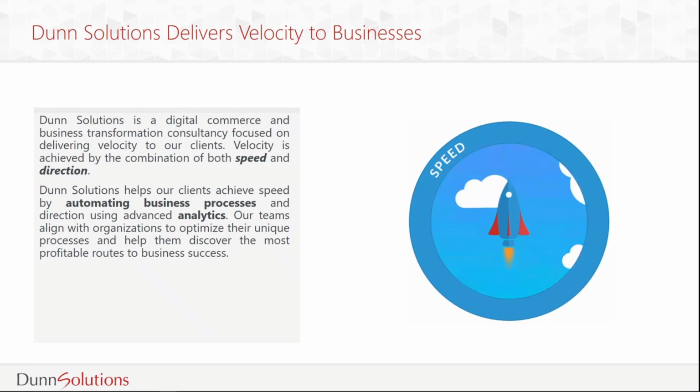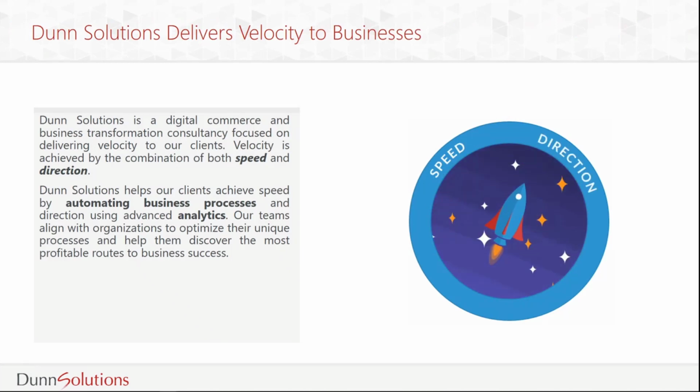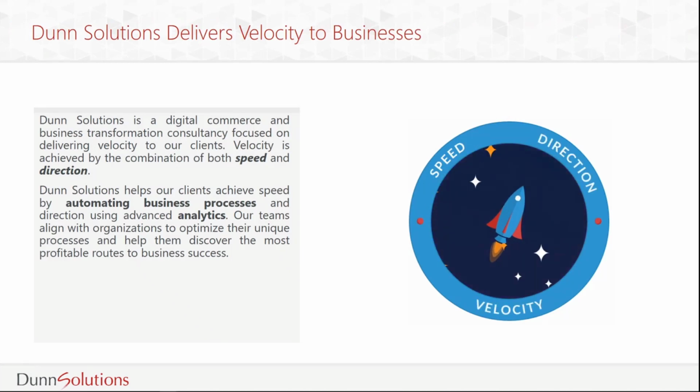Our business model is to deliver velocity to our clients. You may remember from your Physics 101 that velocity is a combination of direction and speed. We provide direction through our analytics services and speed to market by helping clients automate their business processes.